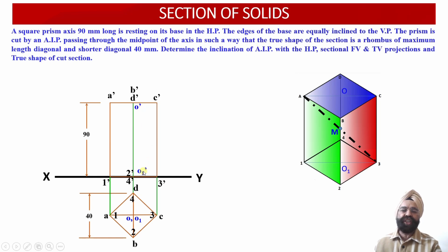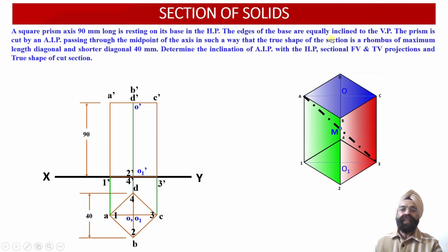Here we have the axis points O dash and O1 dash, so the midpoint will be lying over here. Another piece of information available with us is that the true shape of the cut section will appear as a rhombus having the maximum diagonal as the major diagonal, and the shorter diagonal will be equal to 40 millimeter.